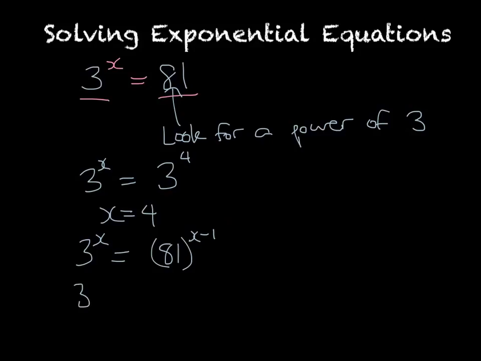So again, we would replace 81 with 3 to the 4th, and then you could use the properties of exponents to simplify that into 4x minus 4. And now we can look at this and say that x equals 4x minus 4 and solve for x.